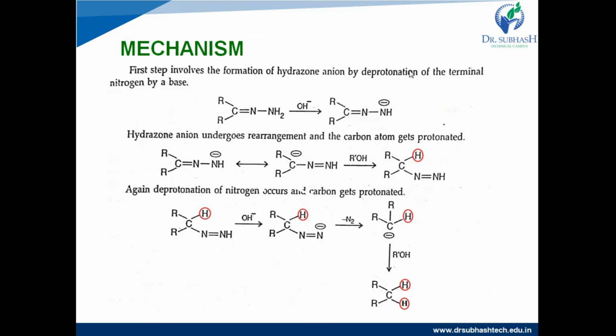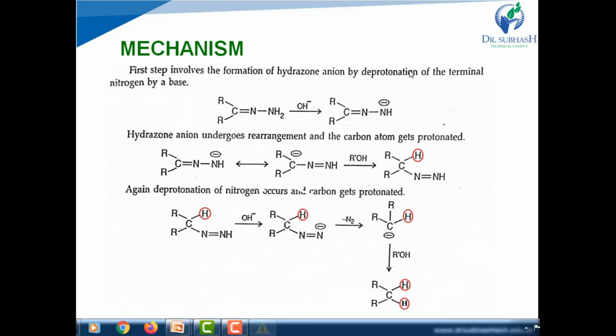In the next step, rearrangement of this charge and double bond occurs. That's why nitrogen gas is evolved. The electron present on nitrogen forms the pi bond between the two nitrogen atoms, and simultaneously the nitrogen attached to the carbon leaves the carbon atom by breaking of the covalent bond, and forms nitrogen gas.